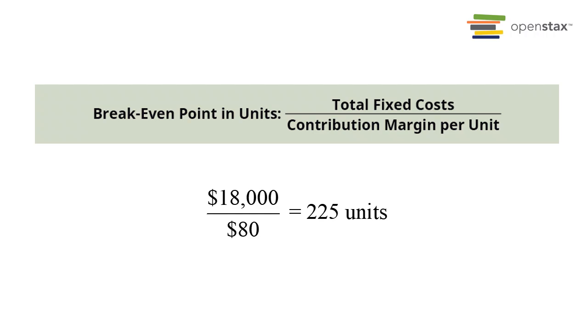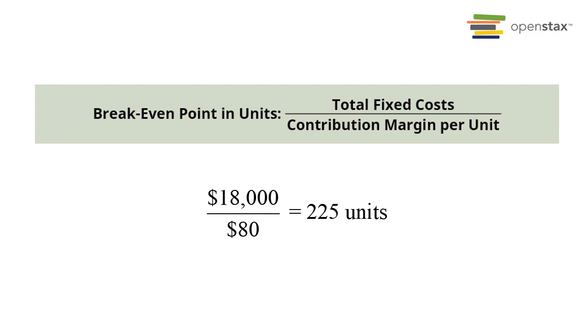The formula to do that is break-even point in units. Very simple division. I take that total amount of fixed costs that I want to cover, and I divide it by the contribution margin per unit. In this case, they have $18,000 of costs to cover each month. They get an $80 contribution margin from each product.